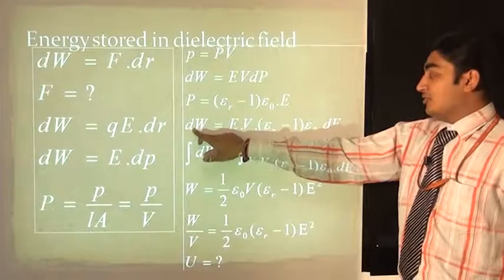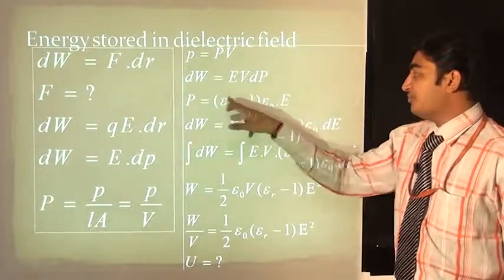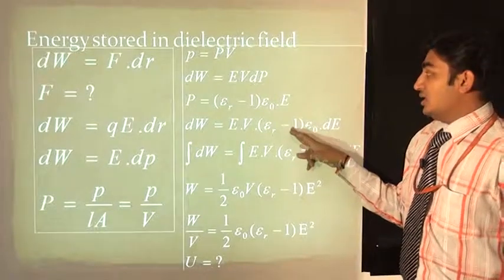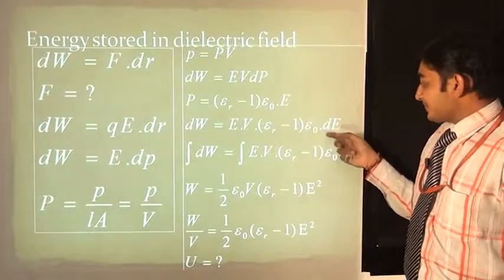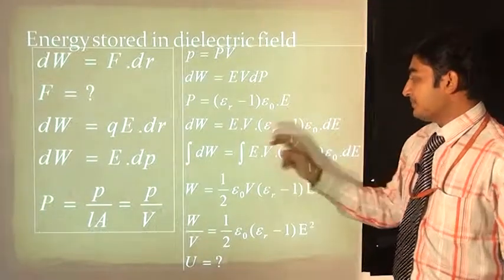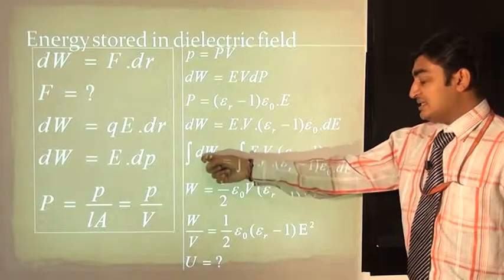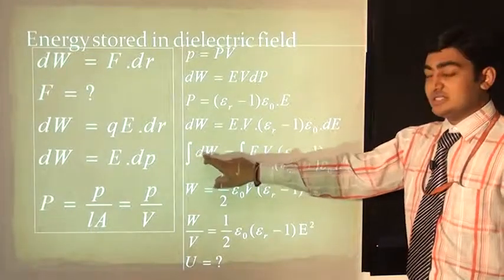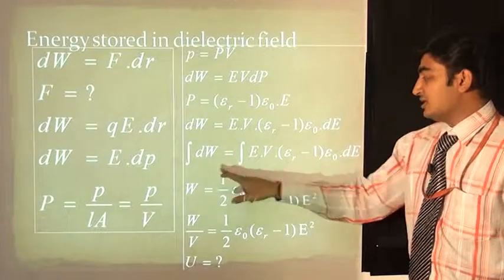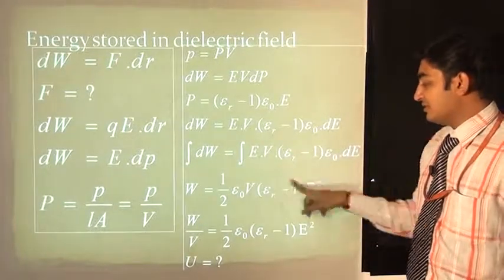Therefore work is equal to E into V. We have to put this value of P into the next equation, epsilon r minus 1 into epsilon 0 into dE. Then we take integration on both sides. Integration of dW gives you total work, and integration of this equation will give this equation.